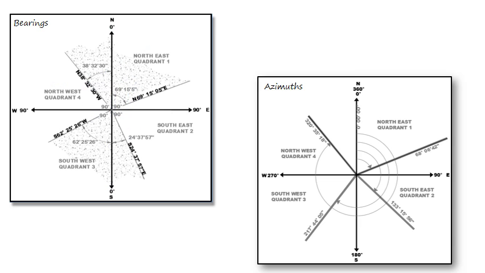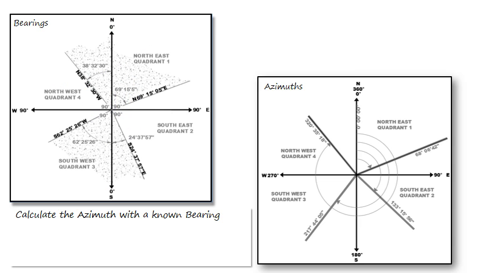Now, when we're converting from bearings to an azimuth, that means we know the bearing and we want an azimuth. In the first quadrant, coming off of the 0 line, or the north line, as long as the angle is less than 90 degrees, it's going to be a bearing of northeast.